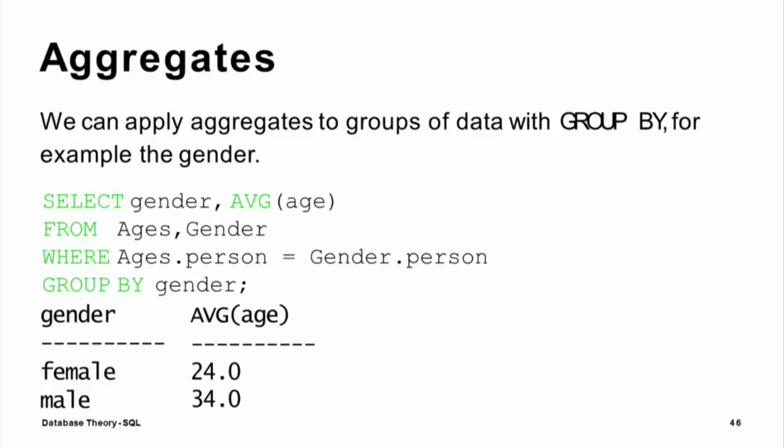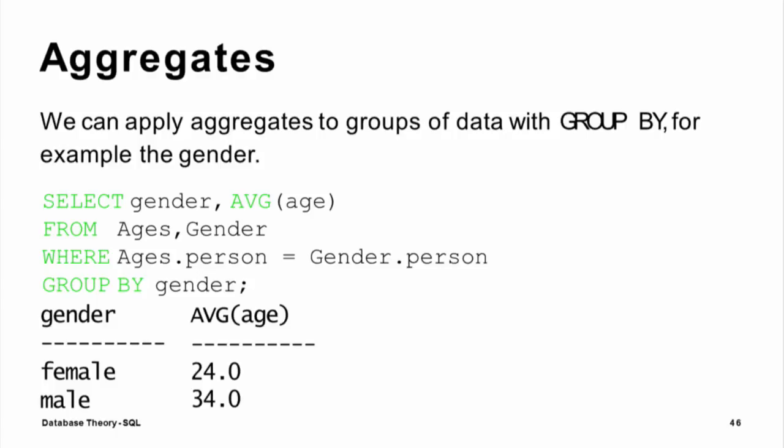So there's a grouping going on here, and you are grouping by the gender because that's the group you want to know the average for. So it then also applies the attribute gender in the select clause and the average function.